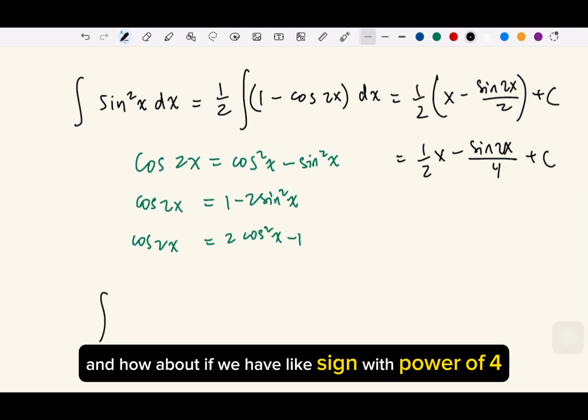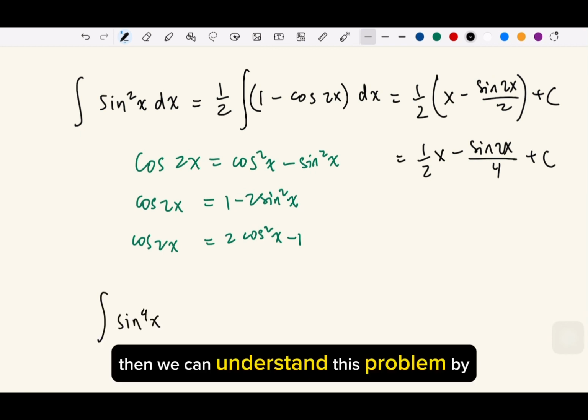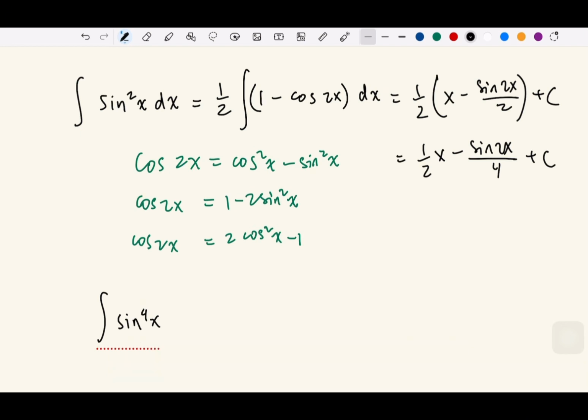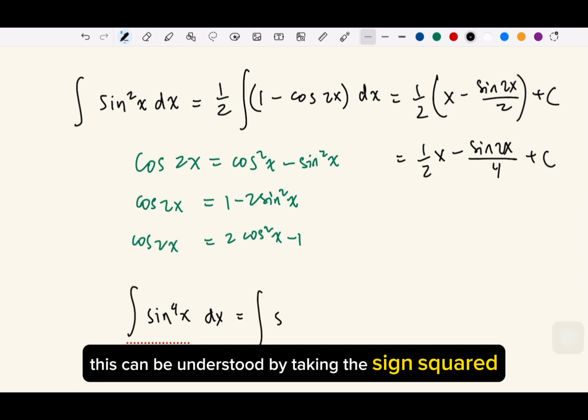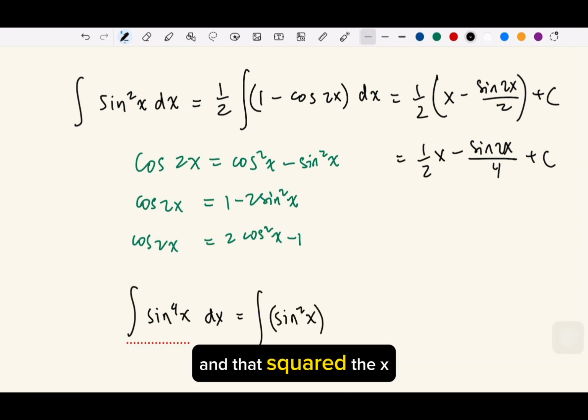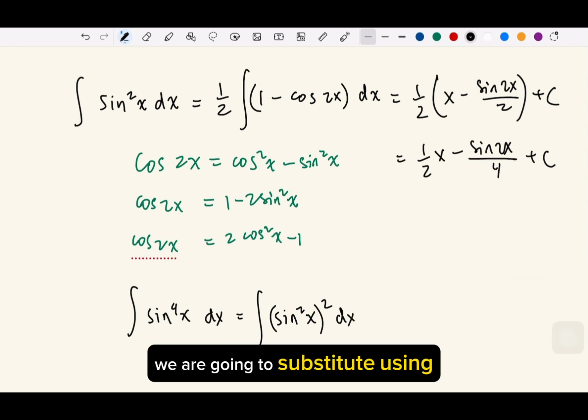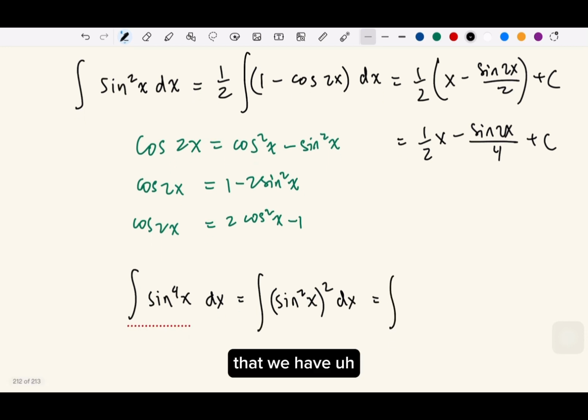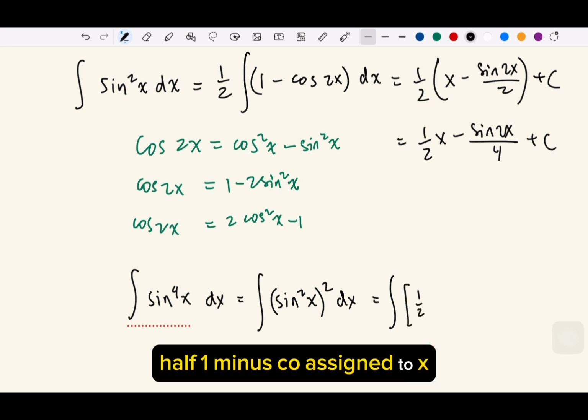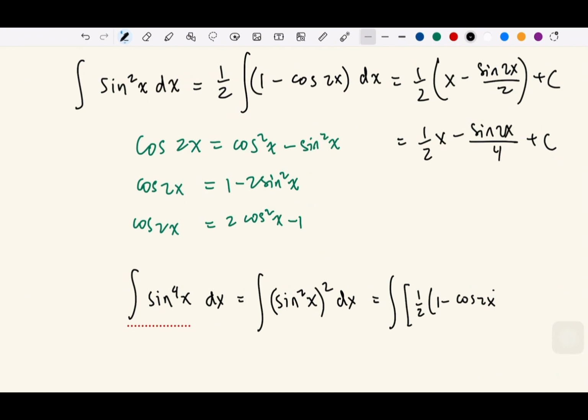And how about if we have sine with power of 4? Then we can understand this problem by taking the sine squared and then squared, dx. This means we are going to substitute using the same double angle formula, half of 1 minus cosine 2x, and this will be squared dx.